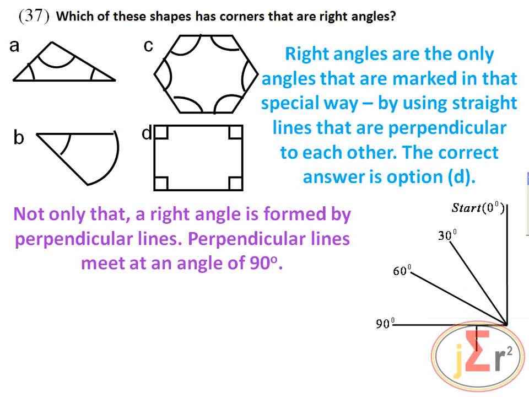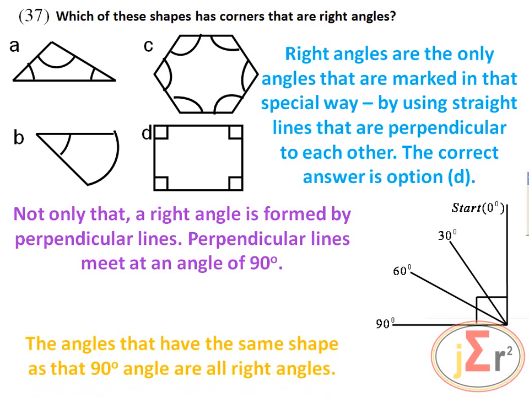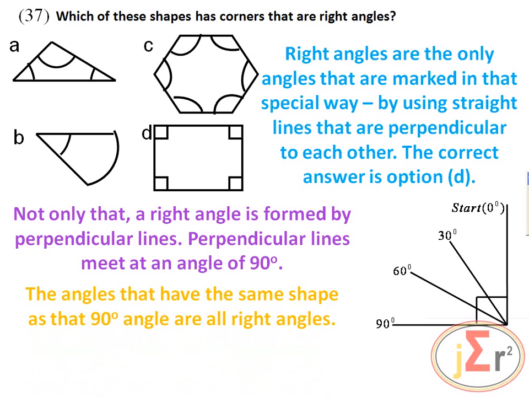So, beginning at 0, this is what a 90 degrees angle looks like. First we have our 30 mark, our 60 degrees mark, and then we have the 90 degrees mark, and there we have our right angle. The angles that have the same shape as the 90 degrees angle are all right angles.